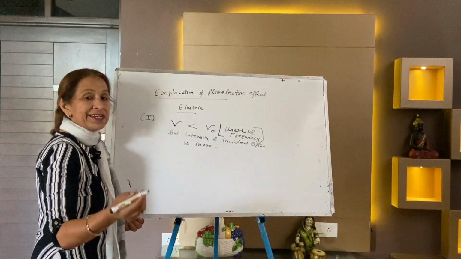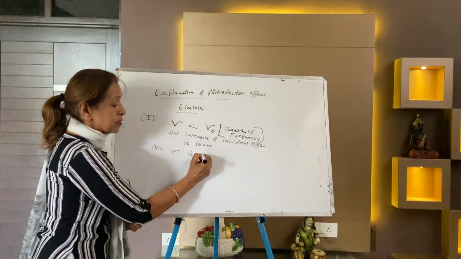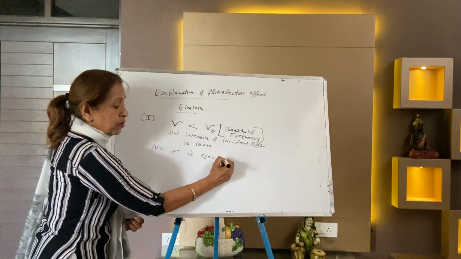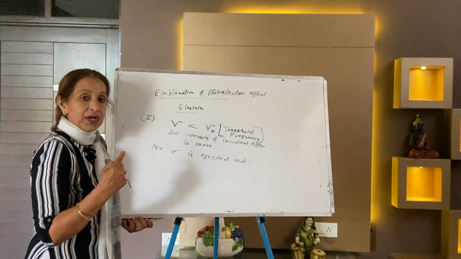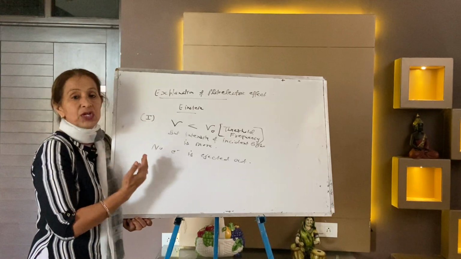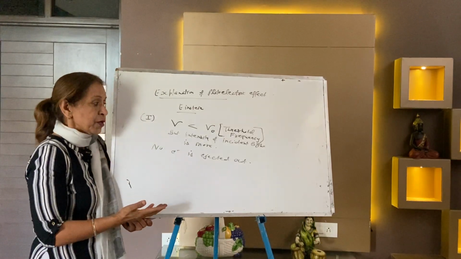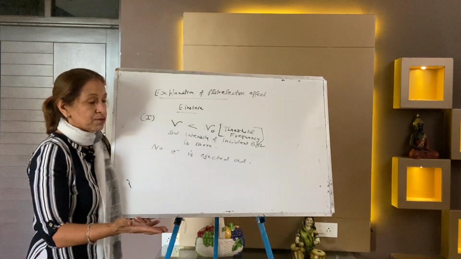So what did scientists observe? No electron is ejected out, by using such incident light whose frequency is less but the intensity is more.